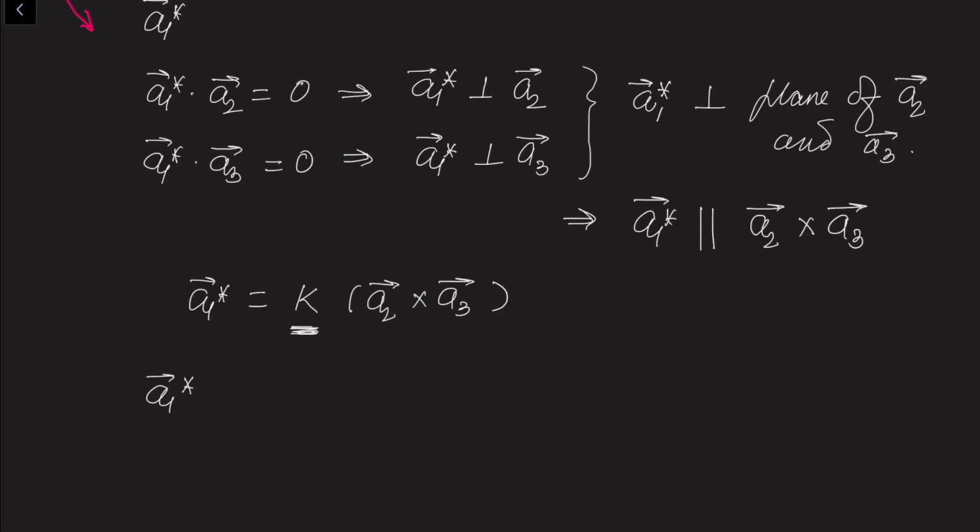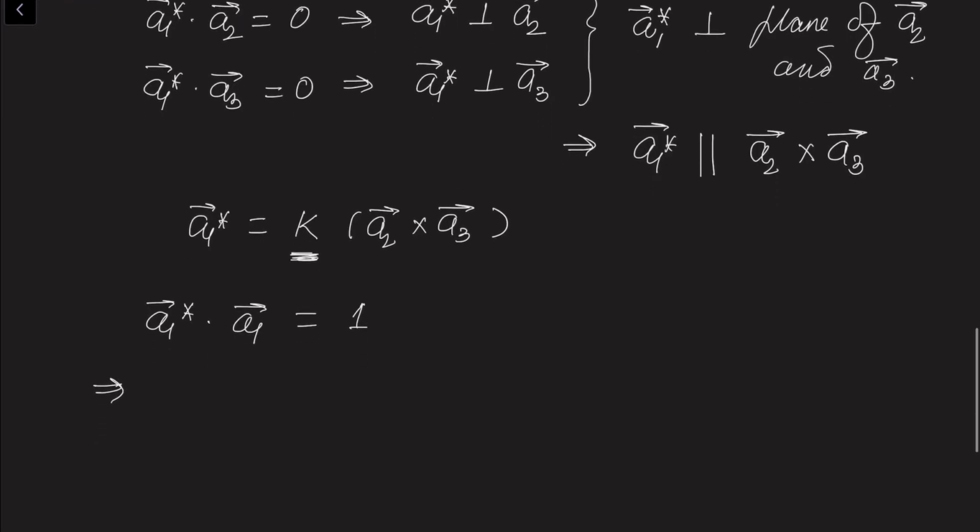So A1 star dot A1 is equal to 1, which means if I substitute for A1 star what we have now concluded, A1 star is nothing but k A2 cross A3, dot A1 is equal to 1.